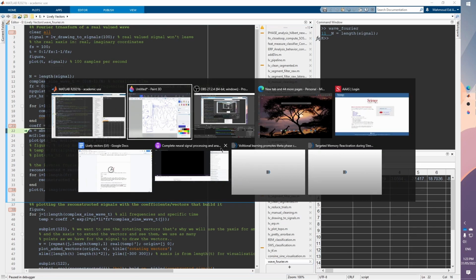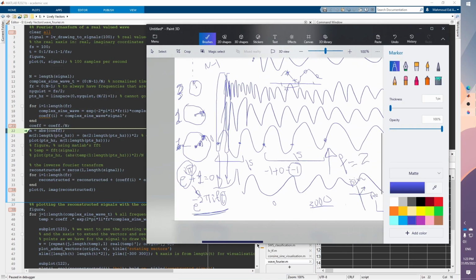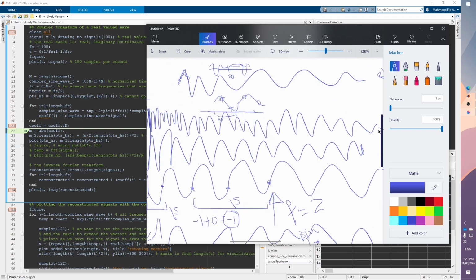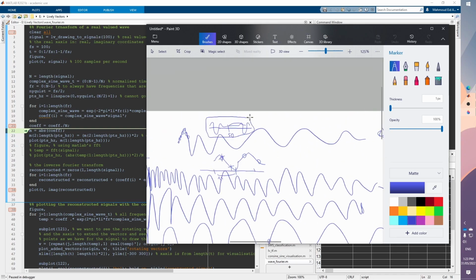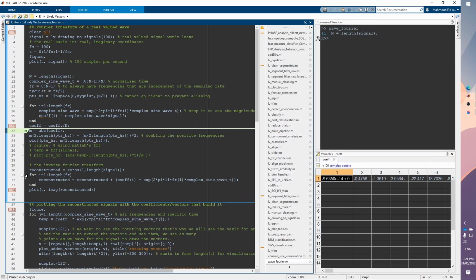As we said, we wouldn't be looking at the negative frequencies. So what we do, we take the positive frequencies and we double them. I'm starting here from 2 because the first one is 0 Hertz, so it's not really a positive frequency, so I wouldn't double it, so that we end up with the actual spectrum of the signal.